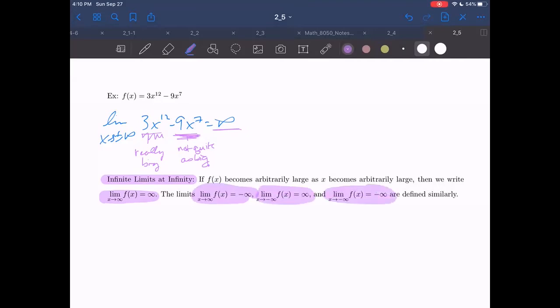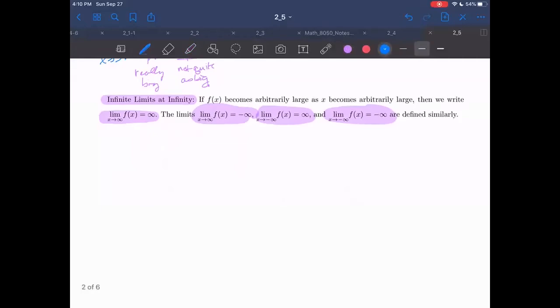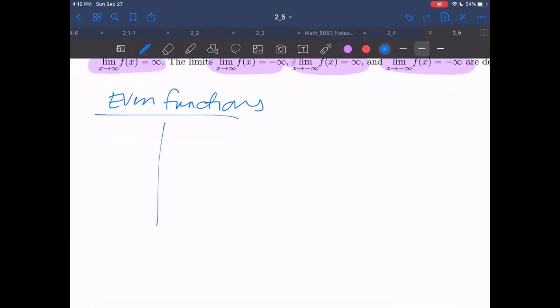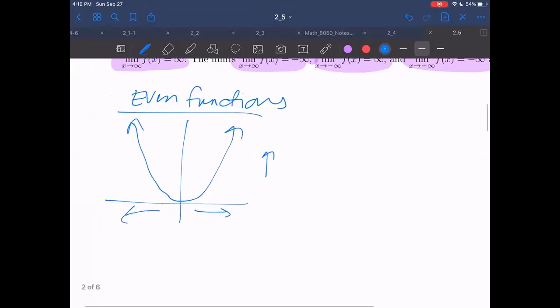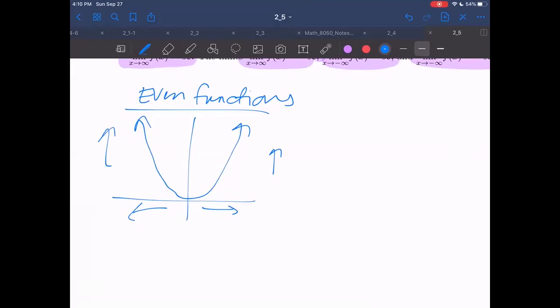Some examples of these are even functions. Even functions generally look like this. As x gets large, we're going off towards positive infinity, and as x gets small, we're also going off towards positive infinity.